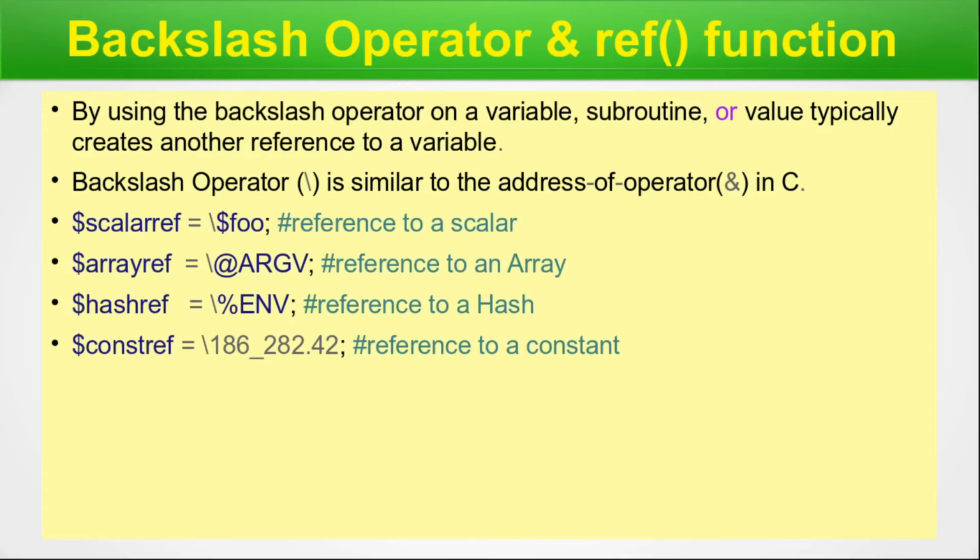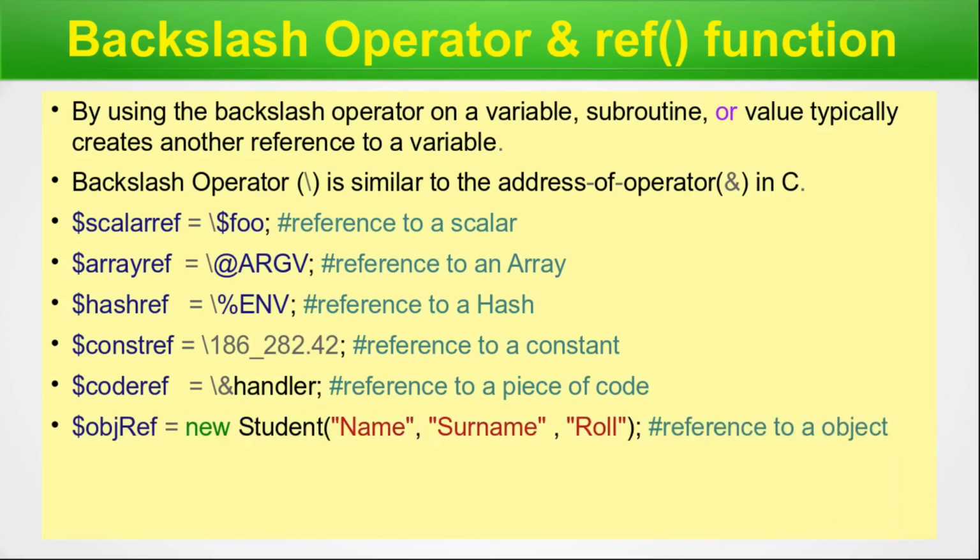The next one is the code reference. We have a subroutine which is named handler, and if we use the backslash and then the ampersand and handler, it will create a reference to the piece of code. This will create a code reference.